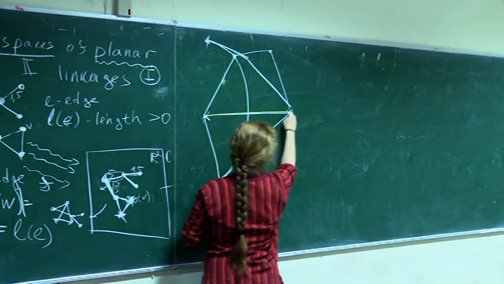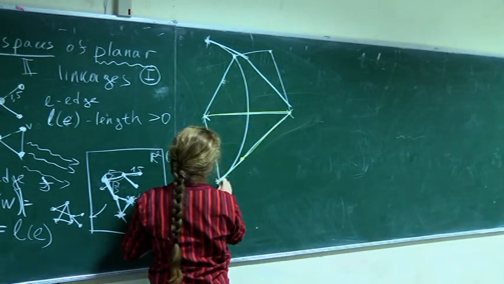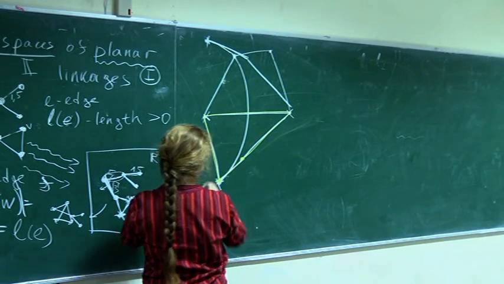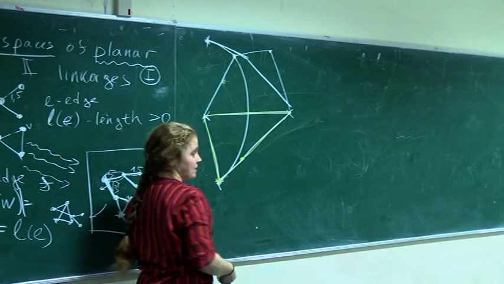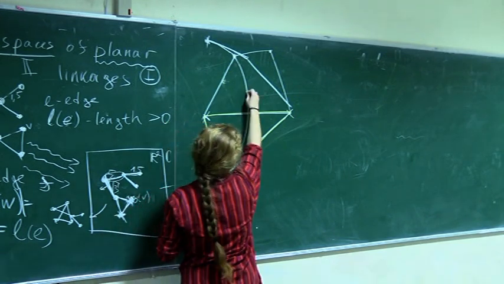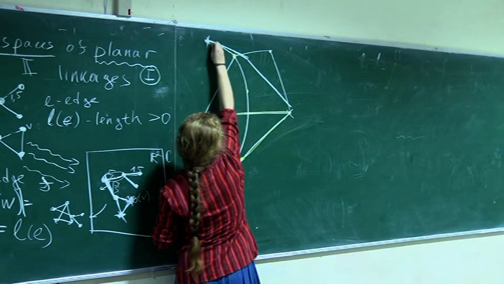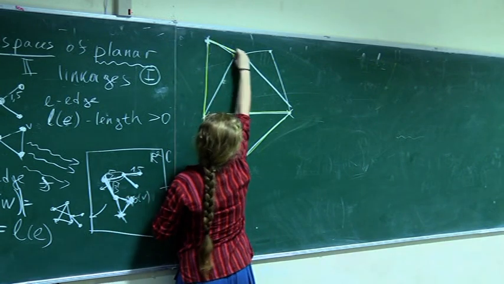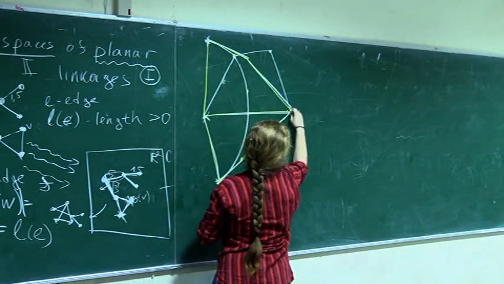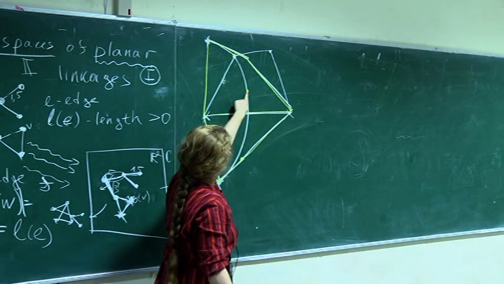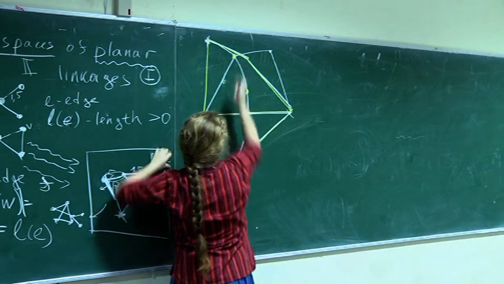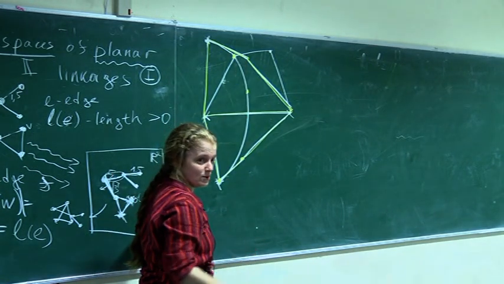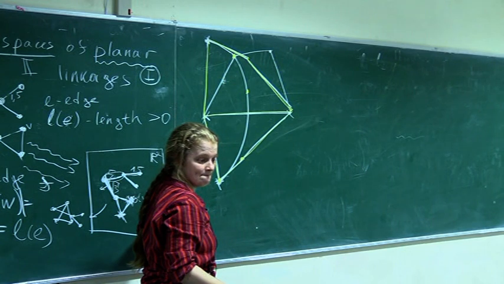We have all possible configurations of a quadrangle, and for every configuration we have a position of this point. If this vertex is here or somewhere here, how many configurations correspond to this position?